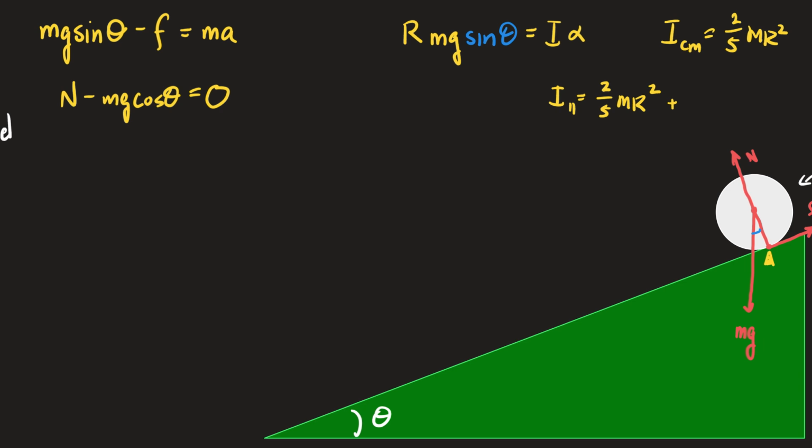R, yeah, 1 radius, right? We're going from the center to the edge. So we're shifting it by mr squared. Any question where I got any of those values from? Okay. If we add these together, you get 7/5 mr squared. All right, just got common denominators.